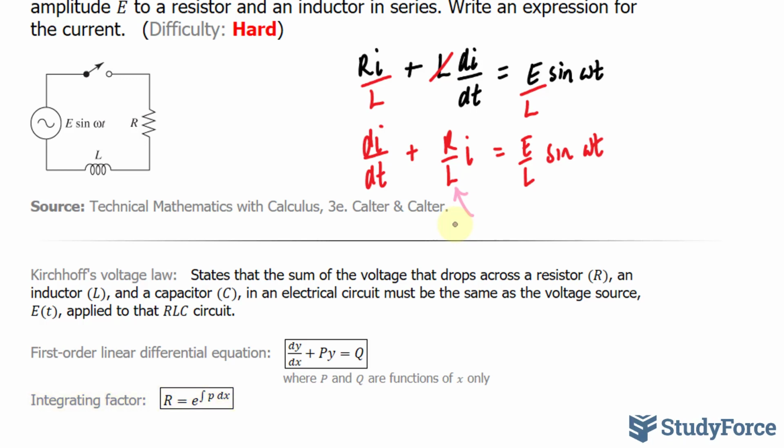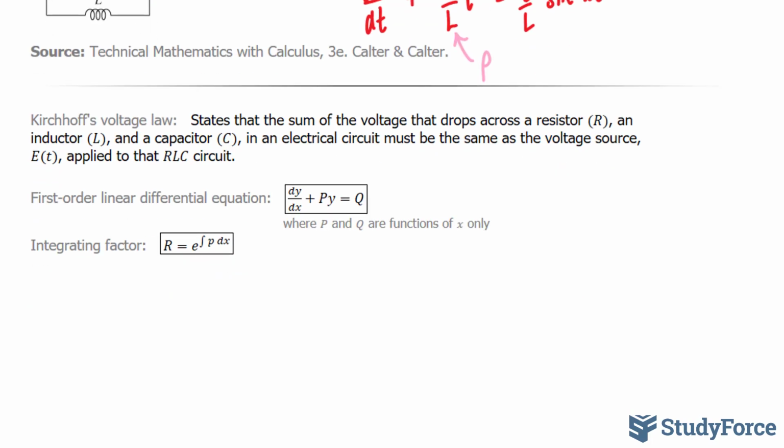We did something like this in question 1, so you can go back to it in full detail and see how we did it. Because this is our P, I'm going to substitute that into my formula here. My integrating factor is represented by the letter R. So let's go ahead and find out what our R is, because that will enable us to find the general solution.